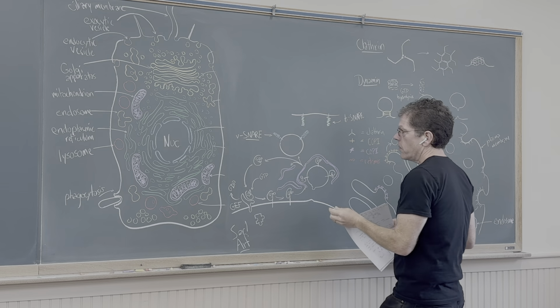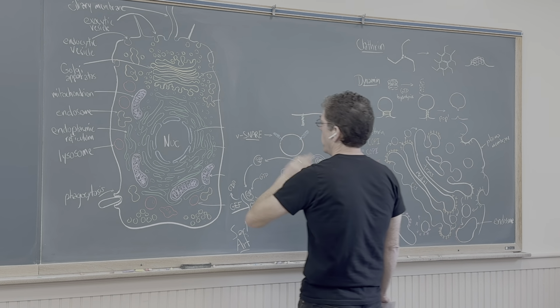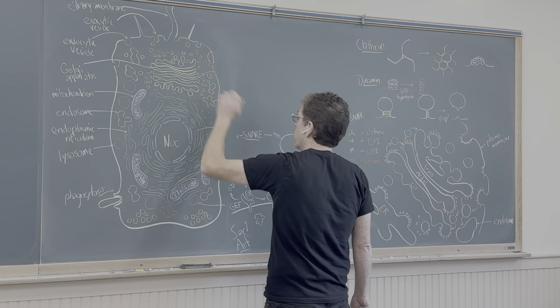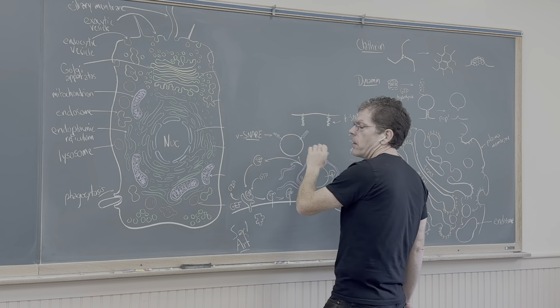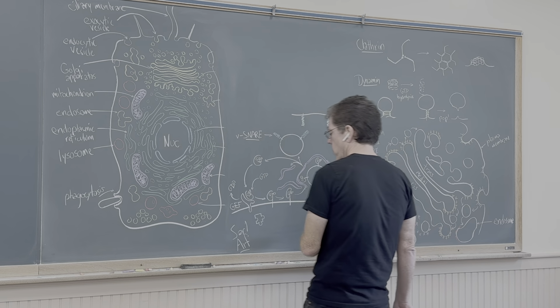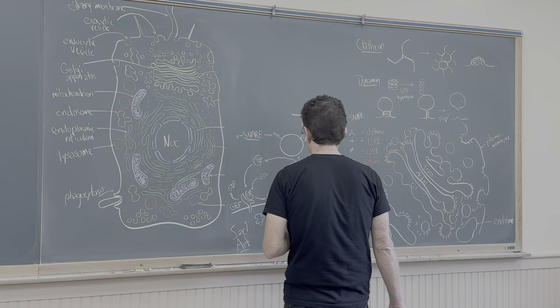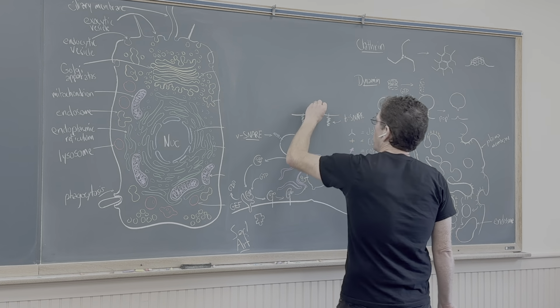Stop and think about that for a minute. There must be, for every traffic route, even within the Golgi apparatus, a compartment-specific pair of V snares and T snares in order for vesicles to identify and fuse with the right membrane. Okay, so that's what happens.